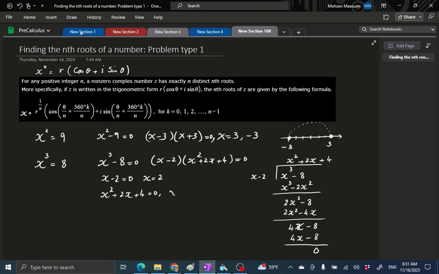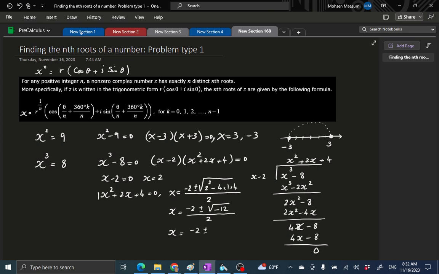Okay, surely you remember your quadratic formula, minus b plus or minus the square root of b squared minus 4ac, divided by 2a. Minus 2 plus or minus the square root of 2 squared minus 4 times the first and last, so 1 times 4, divided by twice the first number, 2. So x is equal to minus 2 plus or minus the square root of 4 minus 16, which is minus 12, divided by 2. I can simplify this a bit.